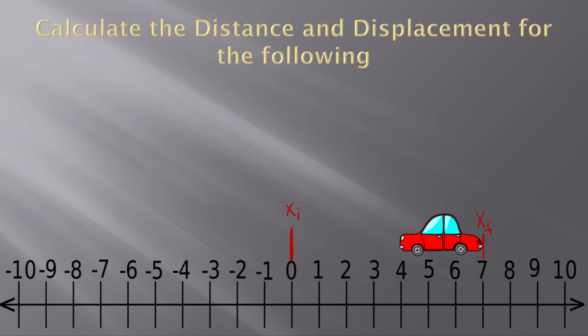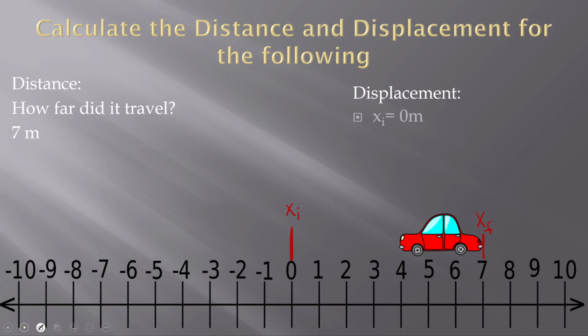First off is the distance, the physical length that it's traveled. Well, it went from 0 to 7, so it's 7 meters. Okay, simple enough. What about displacement? Well, displacement, again, we need to know the initial position and the final position, which we do. And we take the difference. So in this case, when plugging it into that equation, it's the same thing, 7 meters.